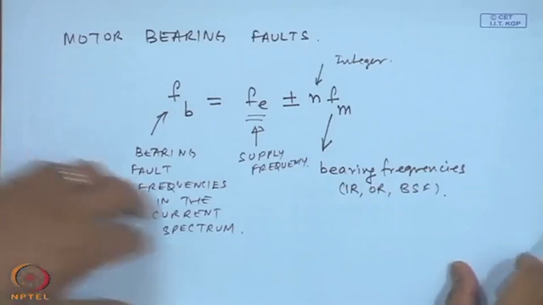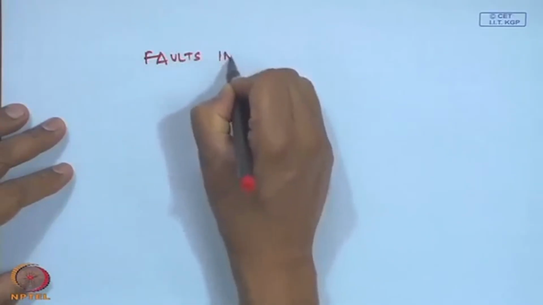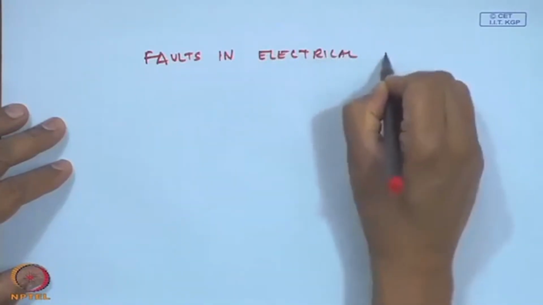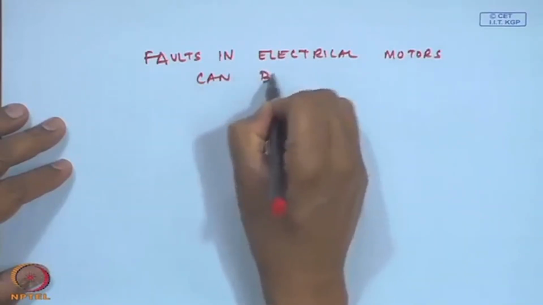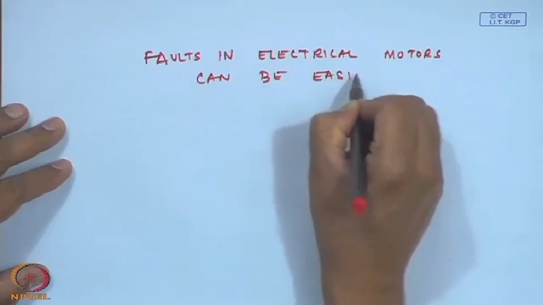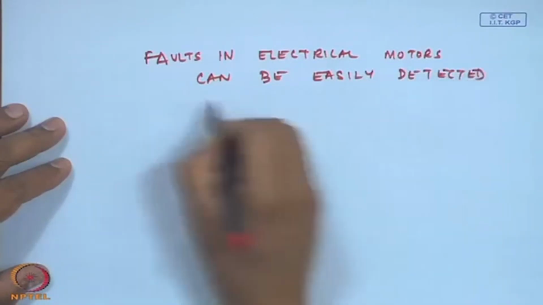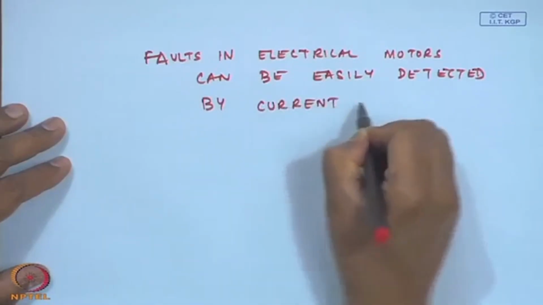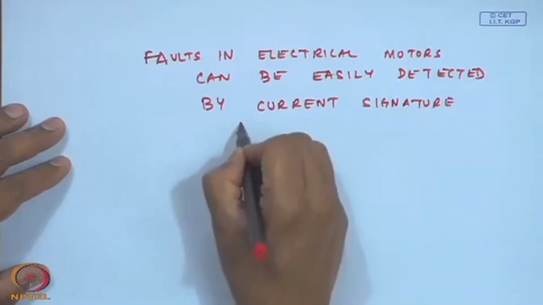So, in effect, faults in electrical motors can be easily detected by current signature analysis.